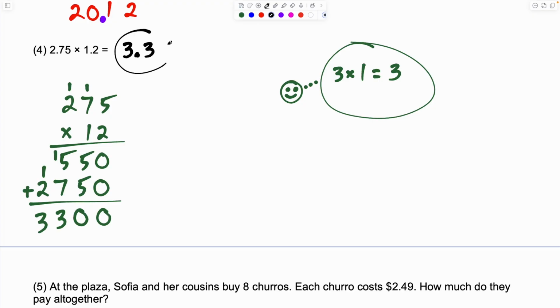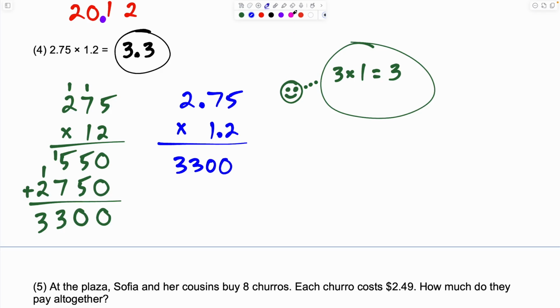But if we go back to the big idea from earlier, when we're doing 2.75 times 1.2, let me just line this up a little bit nicer. So we have 2.75 times 1.2. I multiply this out normally, and I get 3300, but I have to count the number of digits after the decimal.